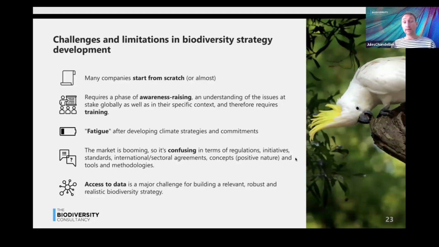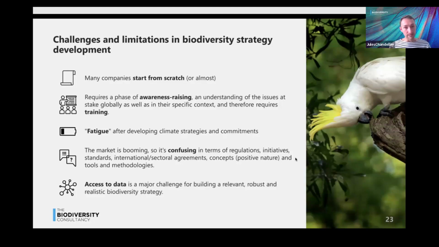So the first challenge is that many companies are starting from scratch, meaning that there is a key point in awareness and education that you cannot skip before getting into the nitty-gritty of impact and dependencies assessment.